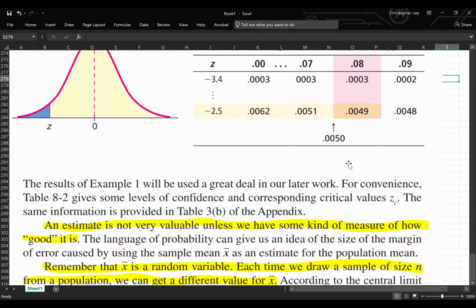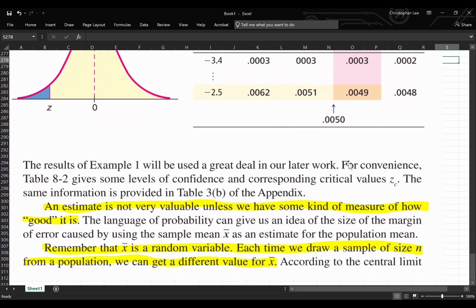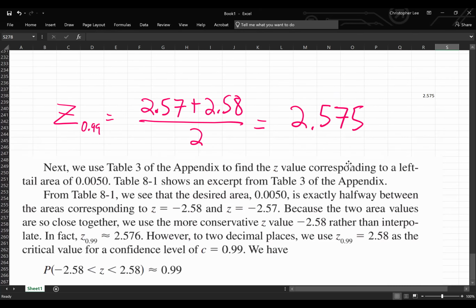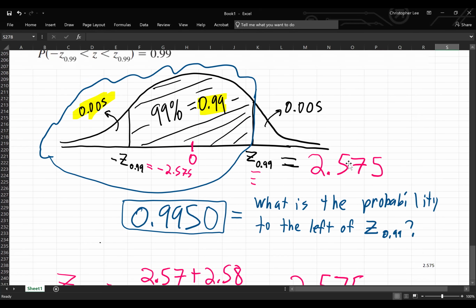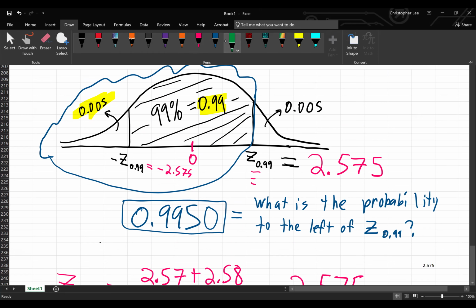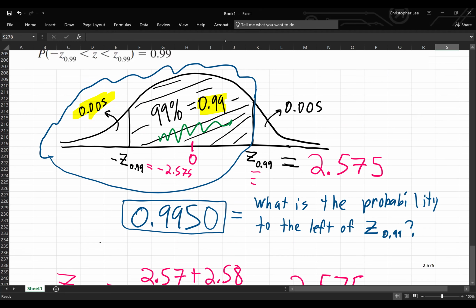It becomes negative 2.575, but it's the same thing as the other one, just negative. That's the only difference. Where did you get that? That problem up there is the same thing. It's just that they're looking it up a little bit differently. We looked up this part in the middle.